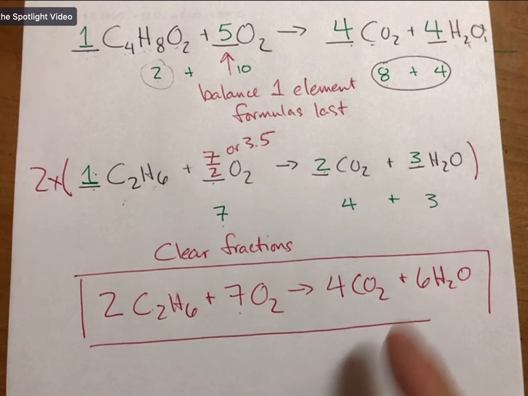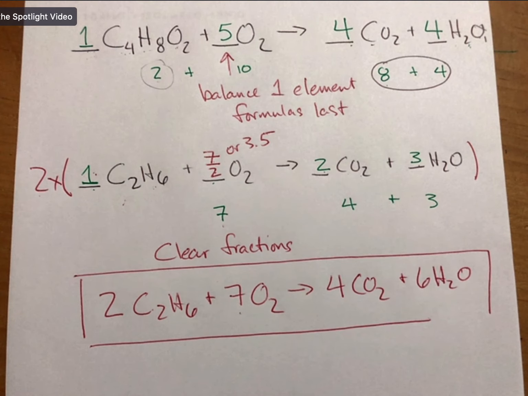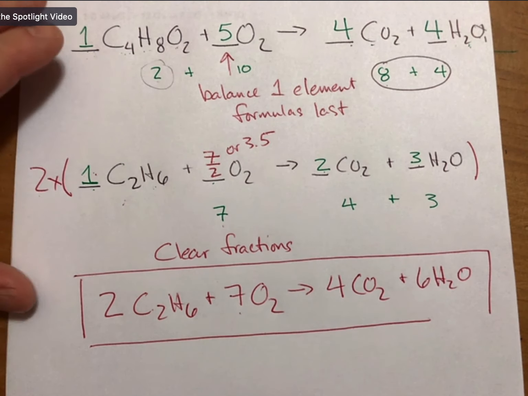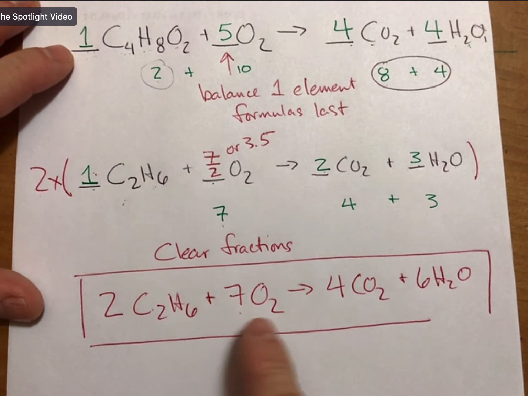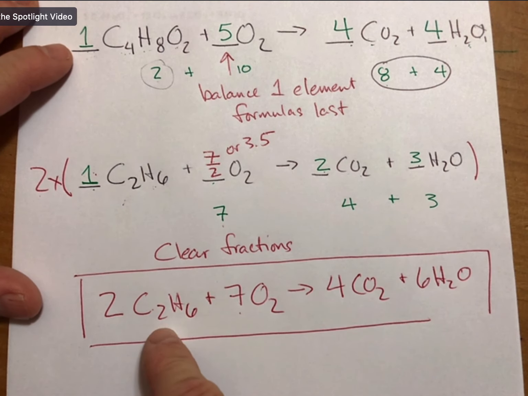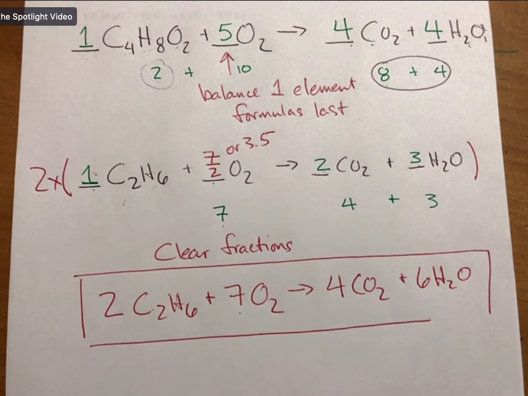And to say one more thing about that, think of it this way. We went through all this nomenclature to learn how to write good formulas. And so if you change the formula, you have an entirely different molecule with a different name, and then it wouldn't be the same reaction. So yeah, it's a good question.